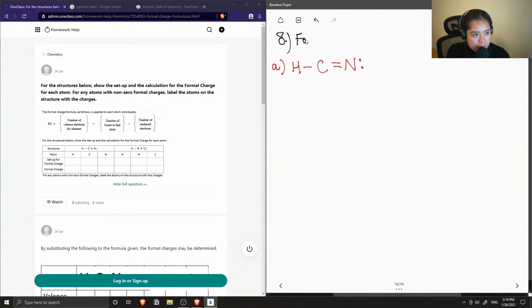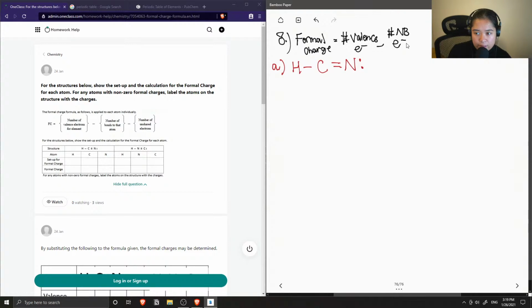that formal charge is equal to the number of valence electrons minus the number of non-bonding electrons.